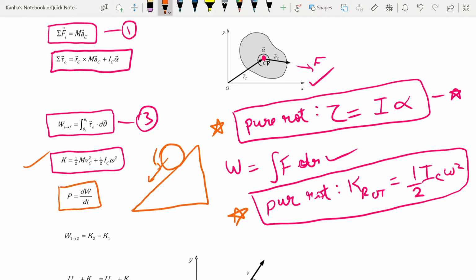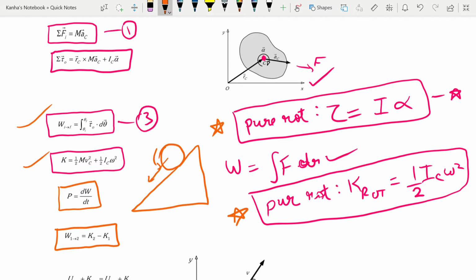If you find the work, you can easily refer to power as dW by dt, or the rate of doing work. Then you have the same work energy theorem, that work done in going from one position to the other is nothing but K2 minus K1, but now it will also include the effects of rotation.